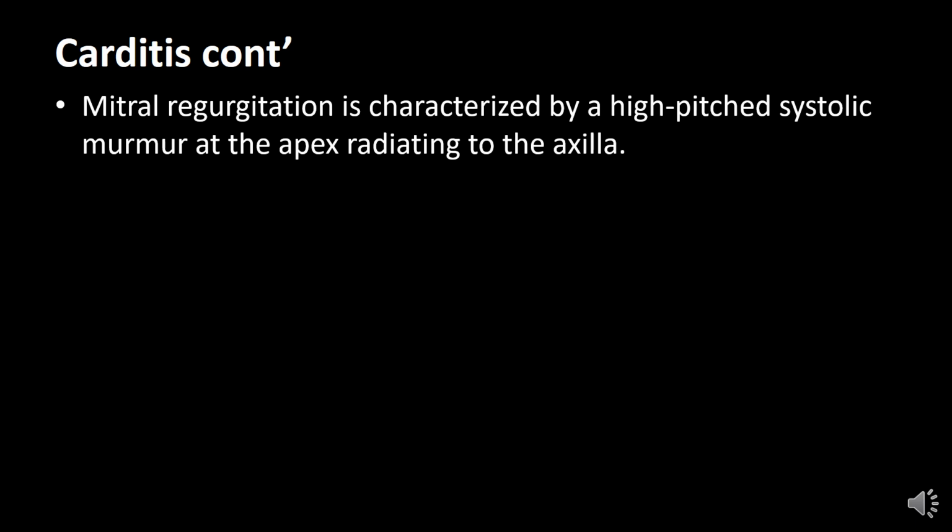Which valve should close and which one should open? And when it is diastole, the heart is relaxed and filling, which valves are supposed to open and which valves are supposed to close?